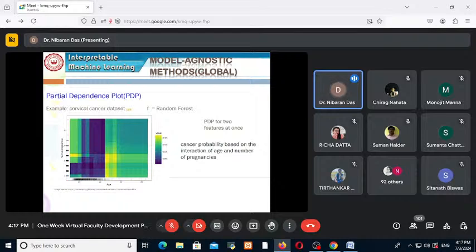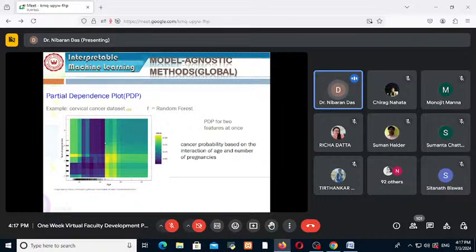If you notice in this figure, there is age and there is number of pregnancies. Age is fixed and the number of pregnancies varies, and at the same time, if you fix the number of pregnancies and the age varies, with the rest of the features remaining fixed, you will get this kind of plot.